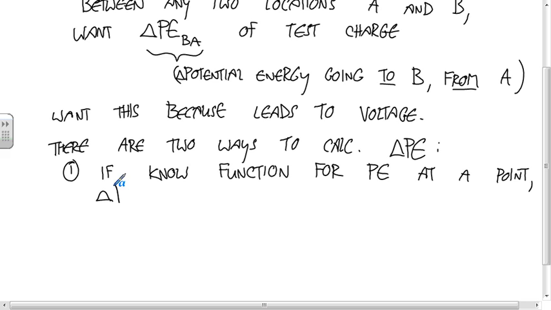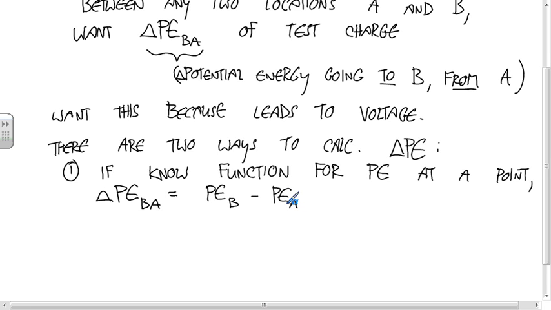Then the change in potential energy in going to the point B from the point A you just get by subtracting the potential energy at B minus the potential energy at A.